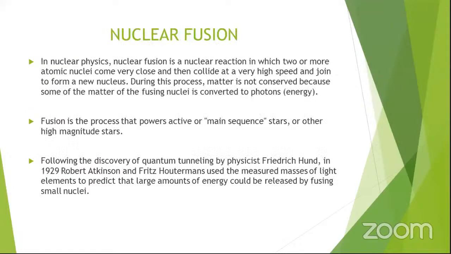Nuclear fusion is the fusing of atoms to produce high energy. But the main disadvantage of nuclear fusion is that a high amount of energy is required to fuse the nuclear atoms.